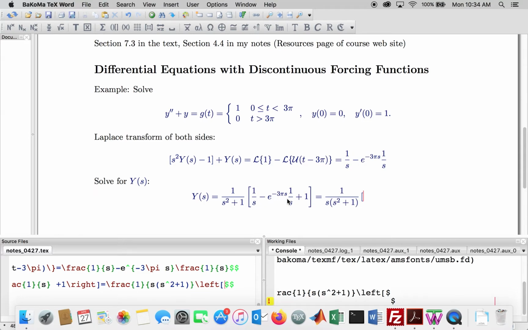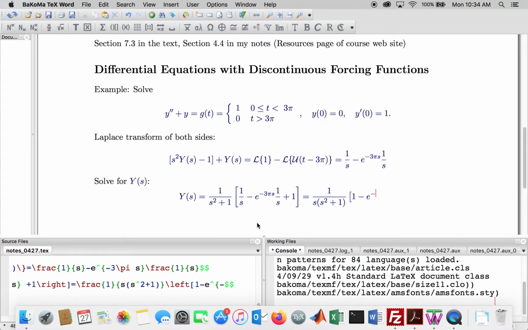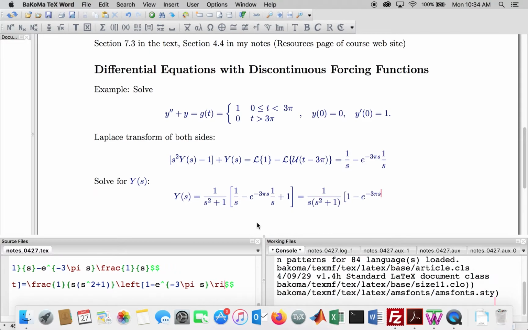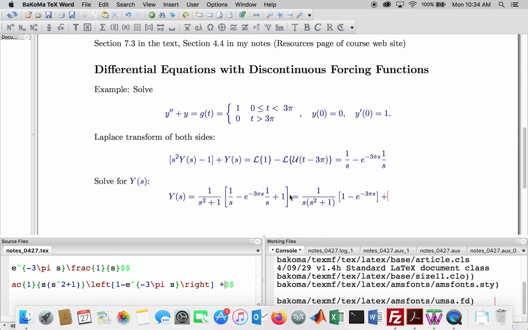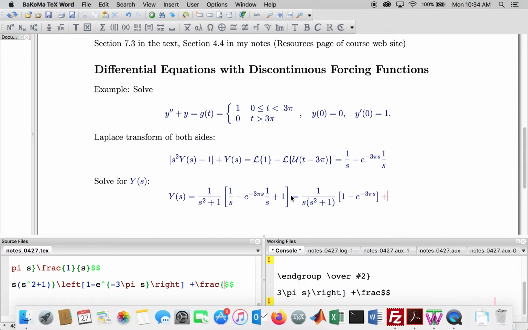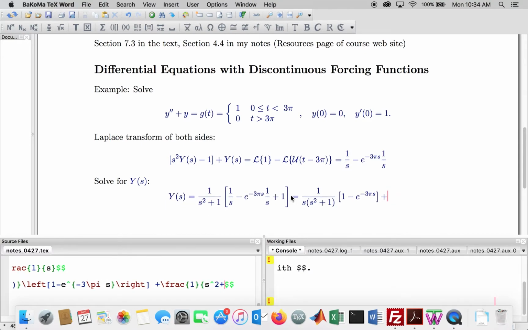Everything had a 1 over s in it, because I have that down here. I'm factoring 1 over s out of the first two terms anyway. So I have 1 minus e to the minus 3 pi s. And then the other part I have is just 1 over s squared plus 1.